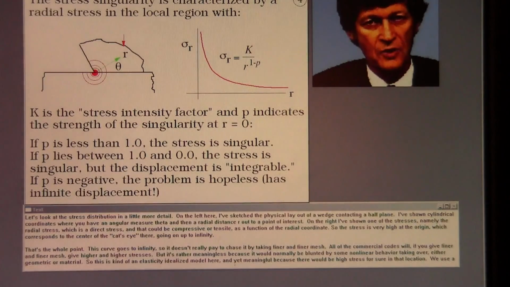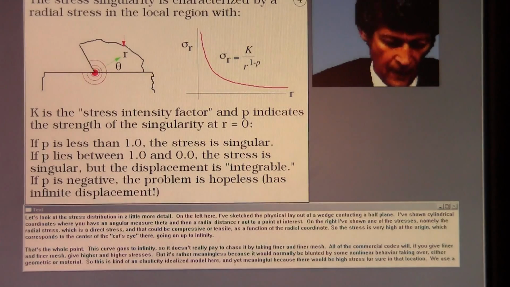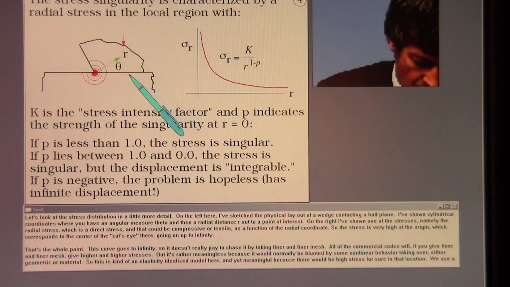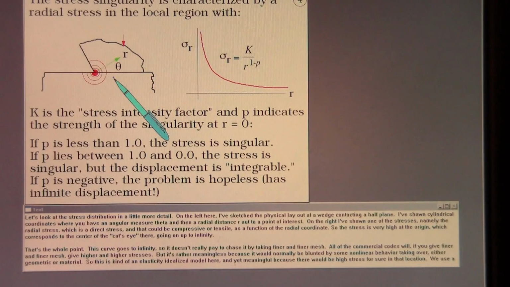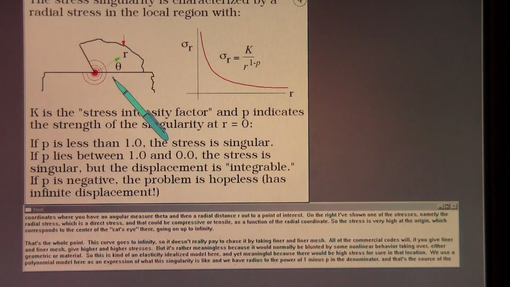Let's look at the stress distribution in a little more detail. On the left here, I've sketched the physical layout of a wedge contacting a half plane. I've shown cylindrical coordinates where you have an angular measure theta and then a radial distance r out to a point of interest.